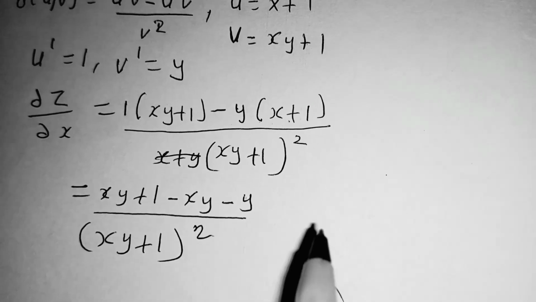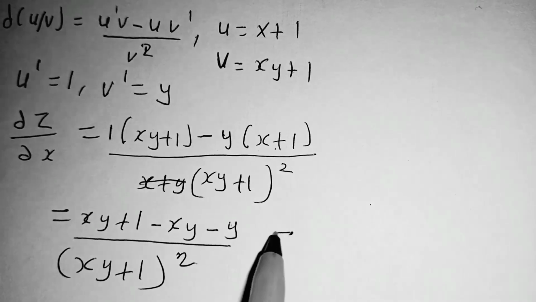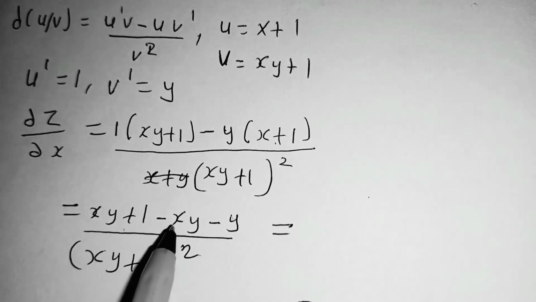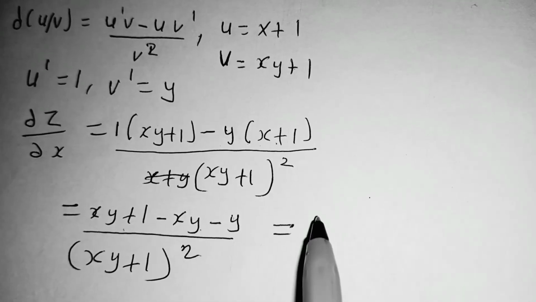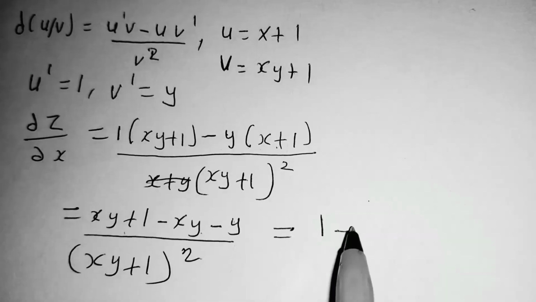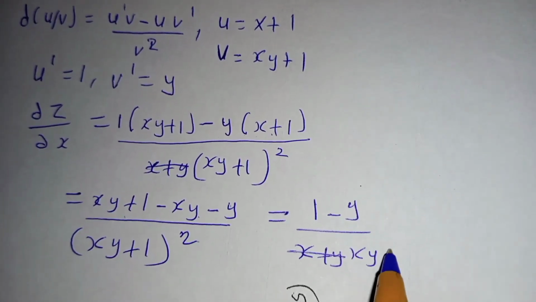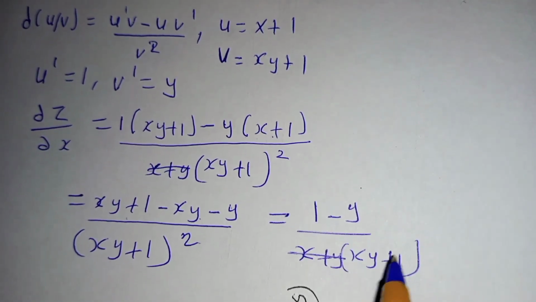You can see xy minus xy will be 0, so we shall have 1 minus y divided by xy plus 1, everything squared.